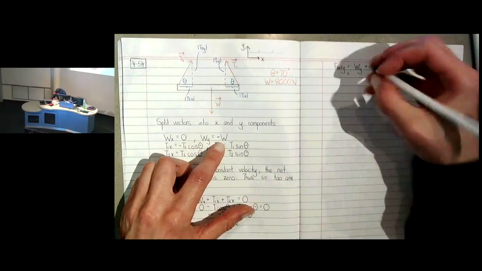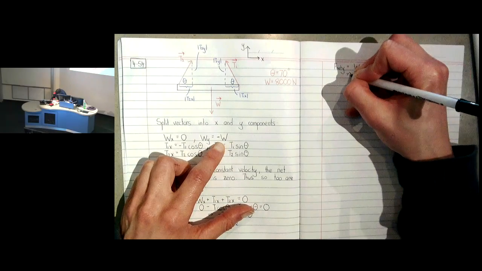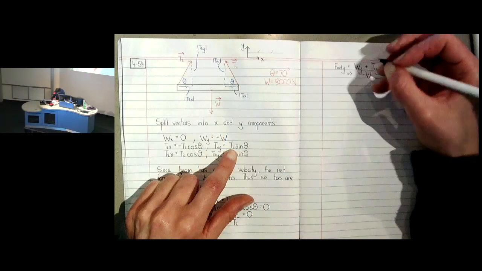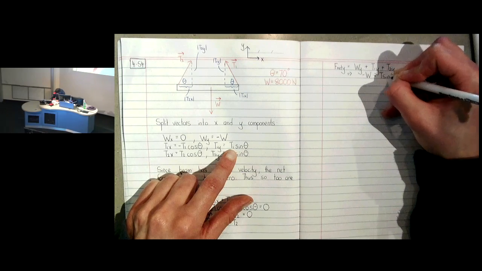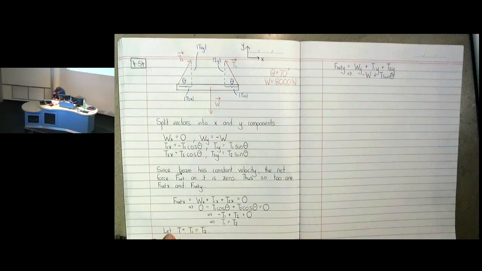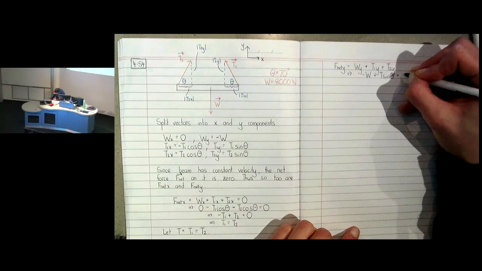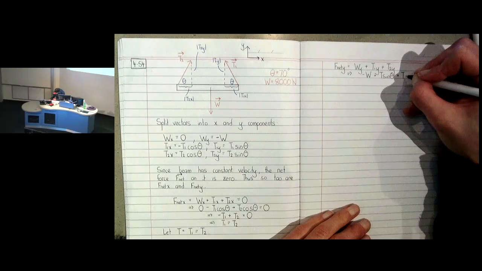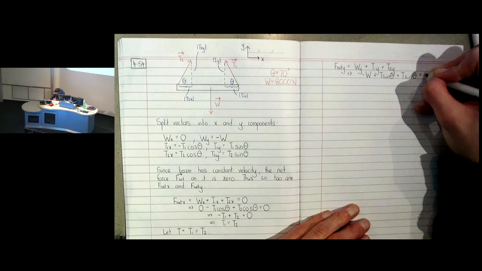And if we just plug these expressions in, we find that gives us minus W plus T sine theta. So here I've used the fact that T1 is just equal to what I've called T, and plus another T sine theta. And this has to be equal to 0.